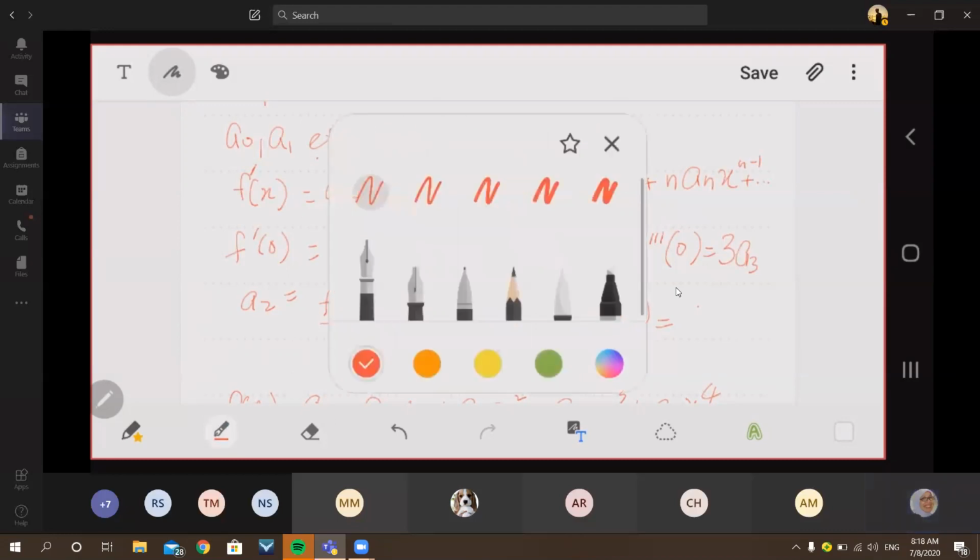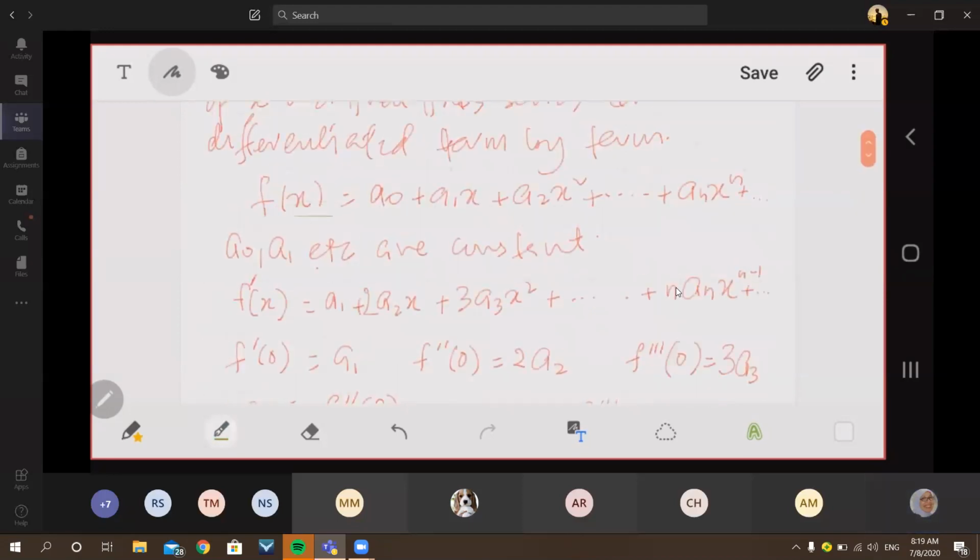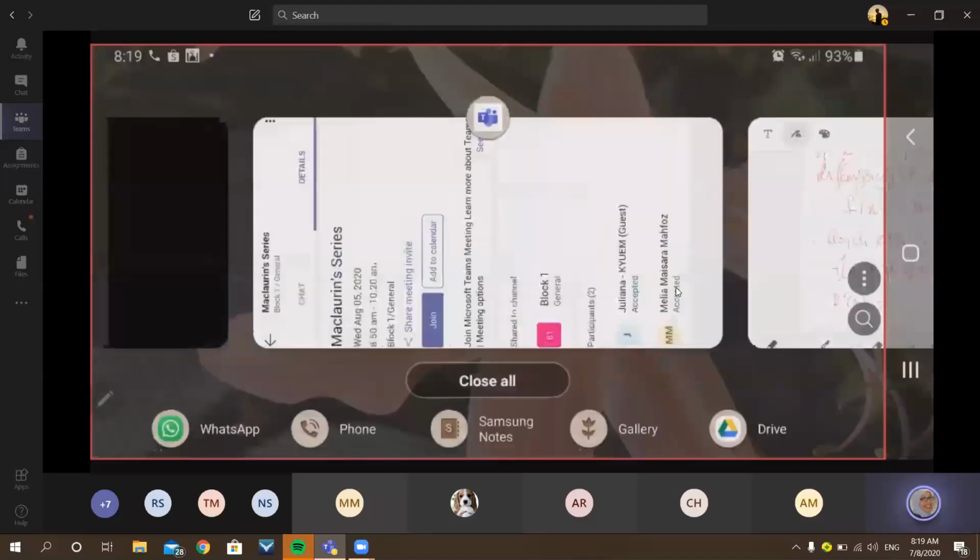Okay, so let's say this is f of x. Then f prime of x is equal to a1 plus 2a2x plus 3a3x squared.